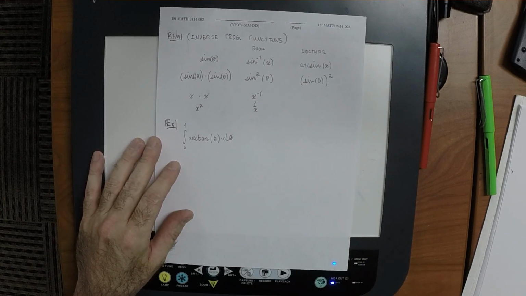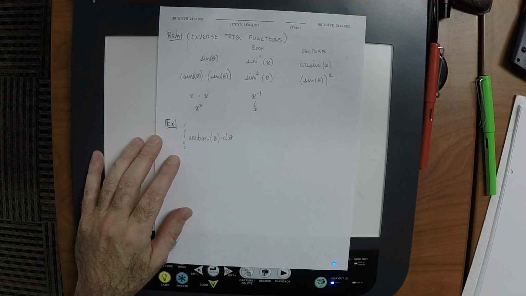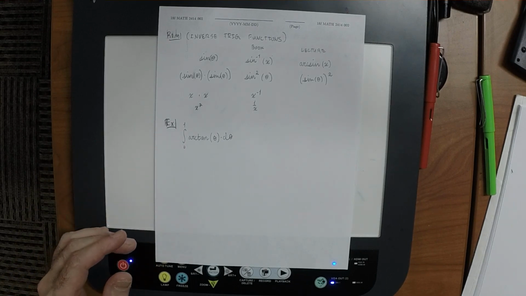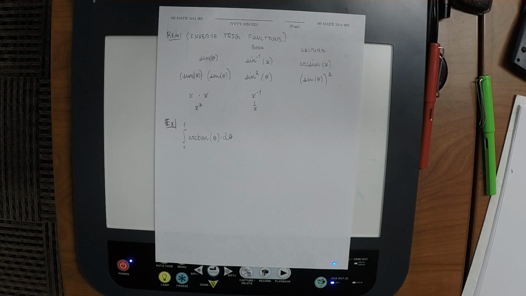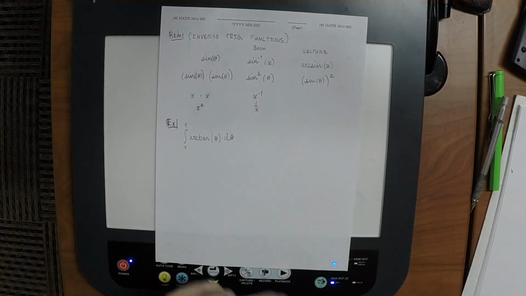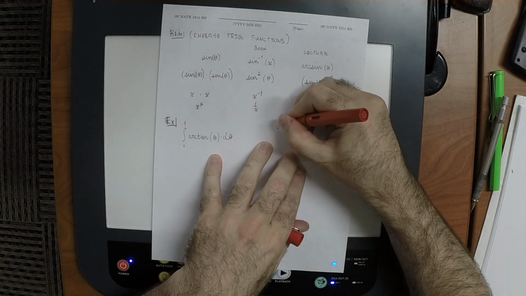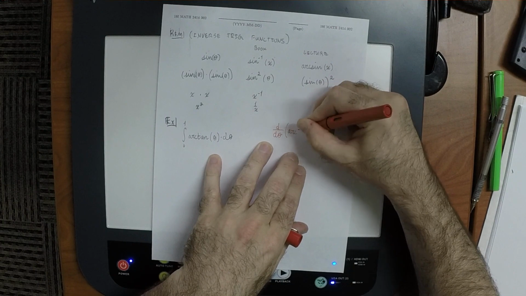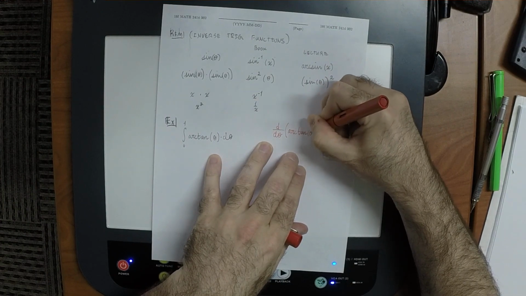In the first place, this is an integral now, not an antiderivative. Okay, what formula? We're going to need to do integration by parts, right? Because the thing that you need to know is the derivative with respect to theta of arctangent of theta.